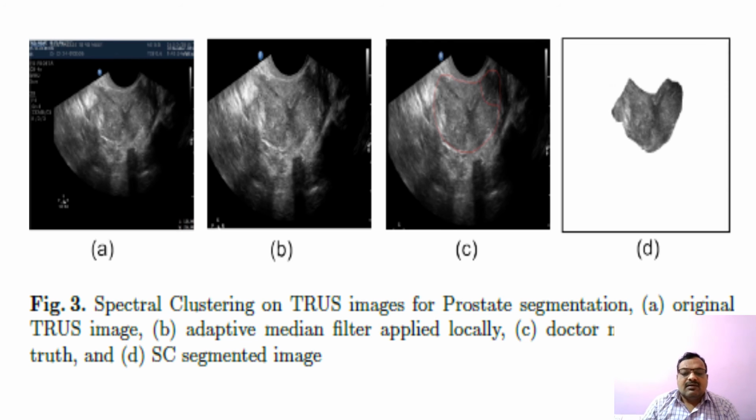So here, after segmentation, the spectral clustering on the truth images for the prostate segmentation. Image A is the original image. After that we apply the additive median filter, and then the third image C is the doctor's ground truth, and we compare this ground truth with our algorithm output, and lastly we get the segmented image.